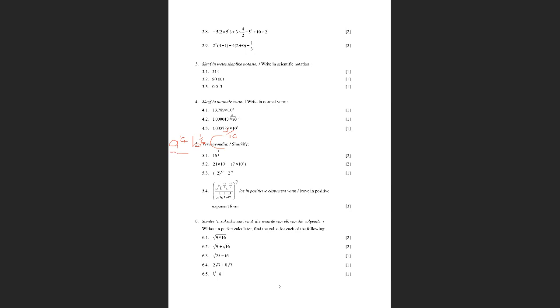Then it's going to be divided by, then the top one will come down. Then it gets divided by A, 1/2. Then B, negative 2/3.